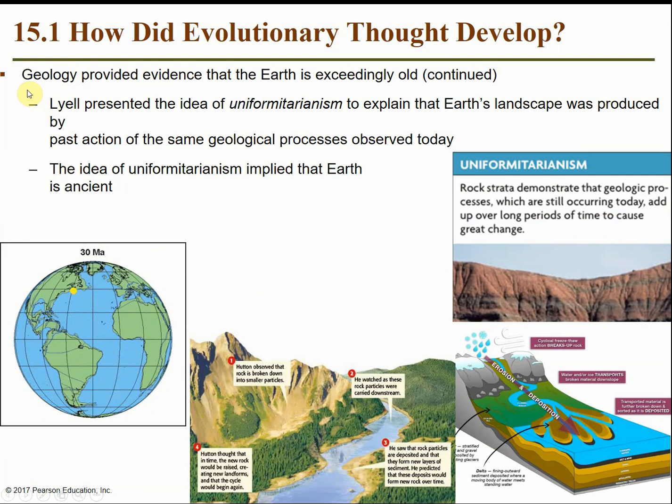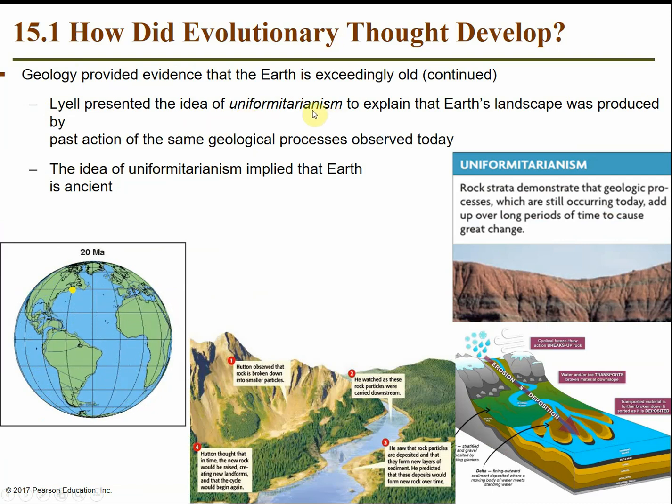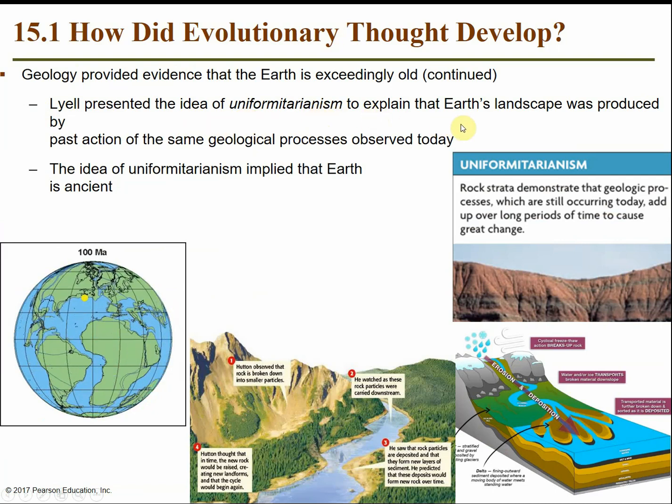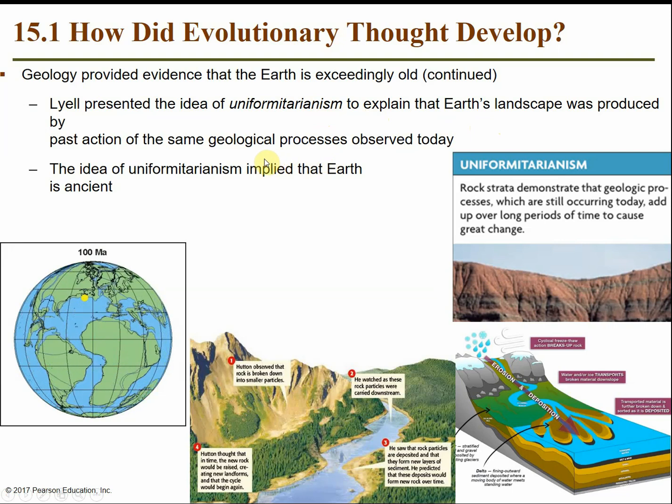So again, the study of geology has provided evidence that the Earth is extremely old. So 4.6 billion years old is the current estimate based on radioactive dating and some other geological concepts. But one geological concept of uniformitarianism helps to explain how our Earth's landscape was produced by past geological action.